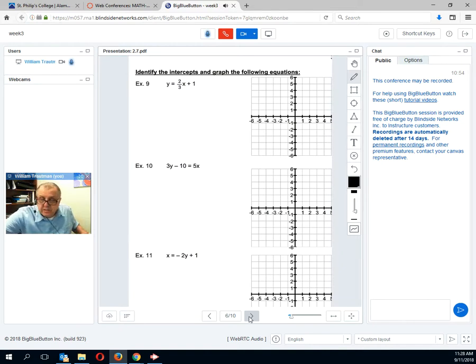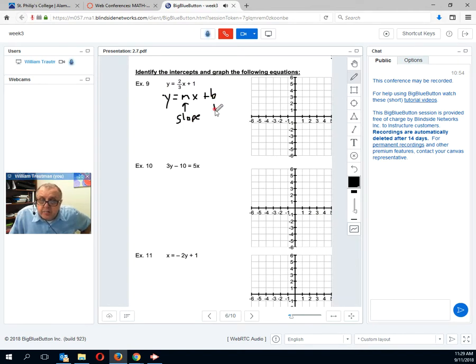Okay, so there are different forms of equations that we have. This equation is in slope-intercept form. In other words, the slope-intercept equation is y equals mx plus b, where if y is by itself, then the number in front of the x is the slope.